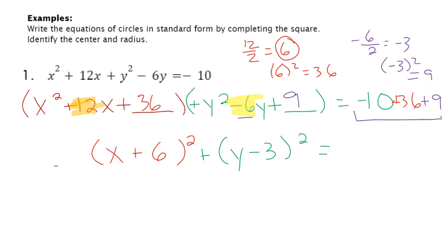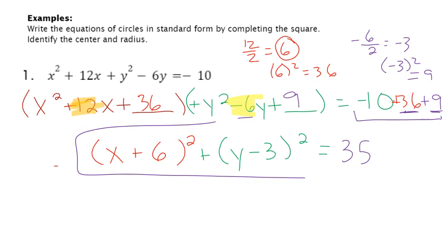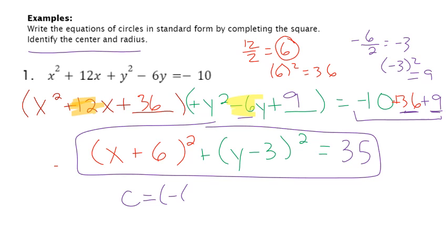So negative 10 plus 36, that's 26, plus 9 is 35. And then this would now be my equation. And the question asks then to identify the center and the radius. So your center would be negative 6, 3, and my radius would be root 35, or as a decimal, it'd be like 5.9.